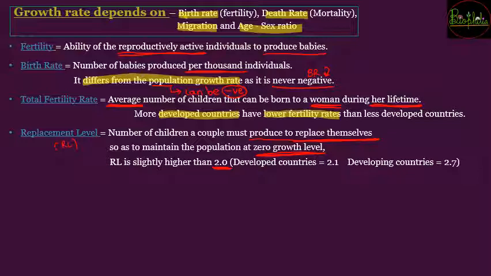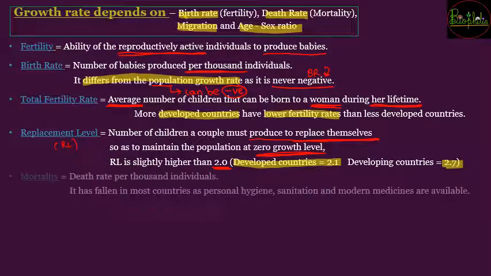Now in developed countries it is going to be 2.1 क्योंकि उधर medical facilities are much better, and because of which the death of children occurring before the age of reproduction is comparatively less than in developing countries. Developing countries में mortality of children before the age of reproduction is slightly higher, जिसकी वजह से replacement level is going to be 2.7.